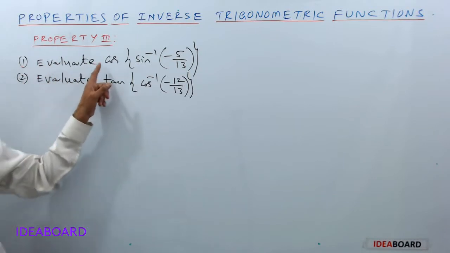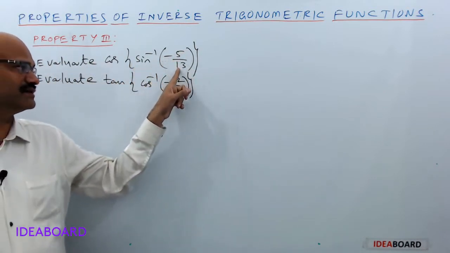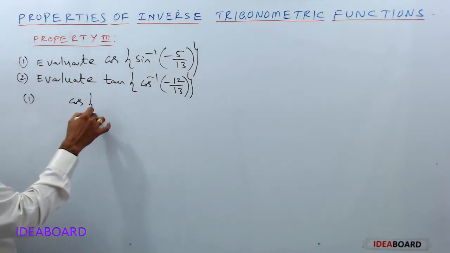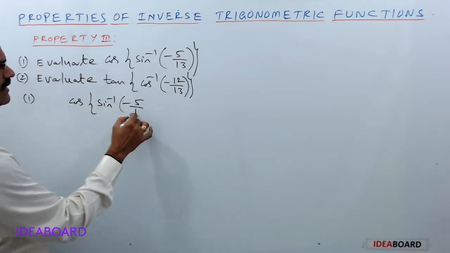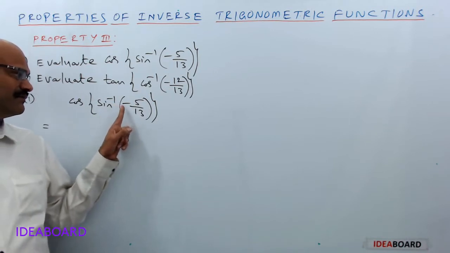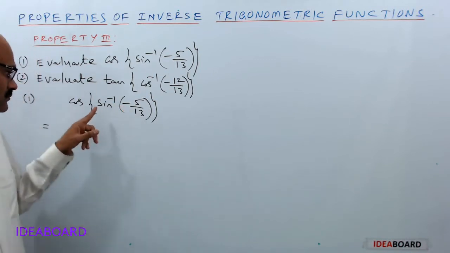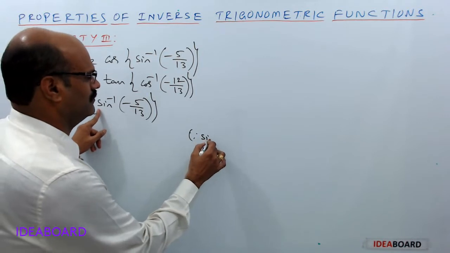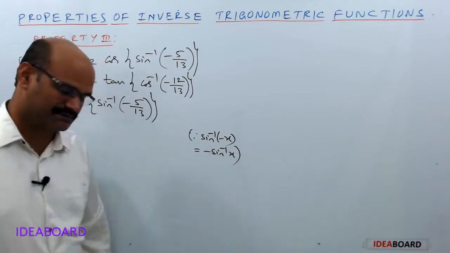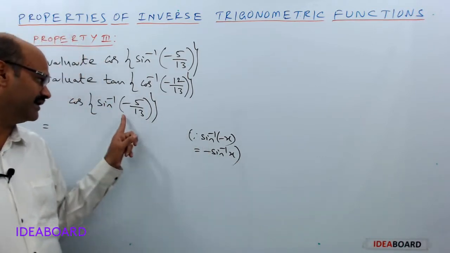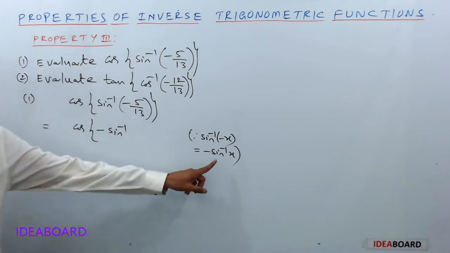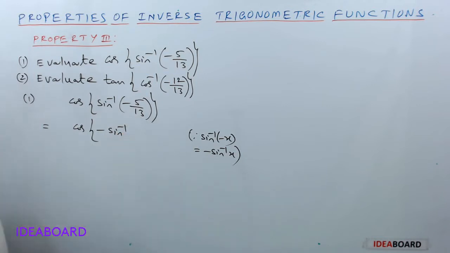1. Evaluate cos of sin inverse of minus 5 by 13. Using the formula, sin inverse of minus x equal to minus sin inverse of x, we can write it as cos of minus sin inverse of 5 by 13.